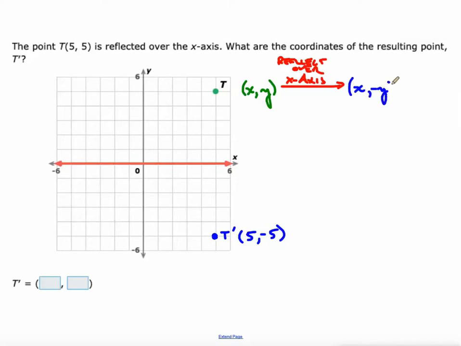And maybe I shouldn't say negative y, but opposite y. I wanted to show my negative sign a little bit better. So x, negative y. So in this case, we had 5, 5. And after we did a reflection over the x-axis, that became 5, as in x stayed the same, -5, as in the y value became opposite. So 5, -5 is what we would go with here.